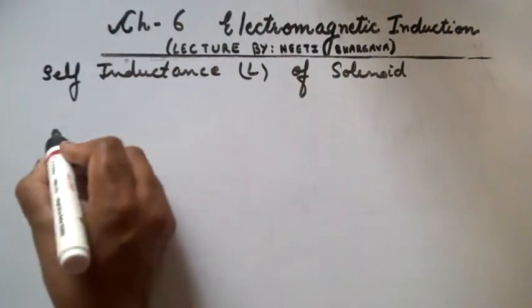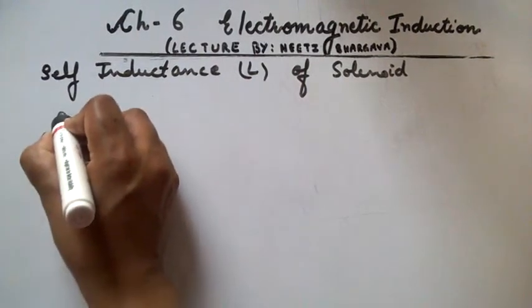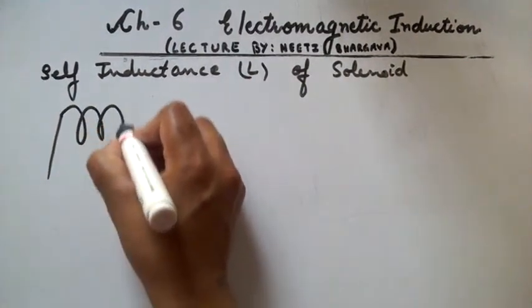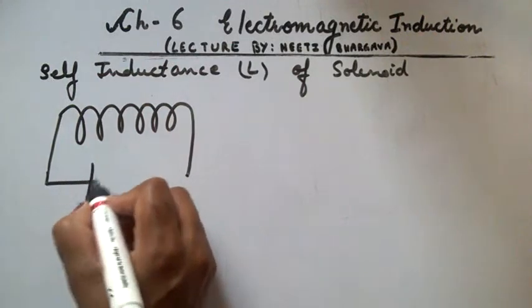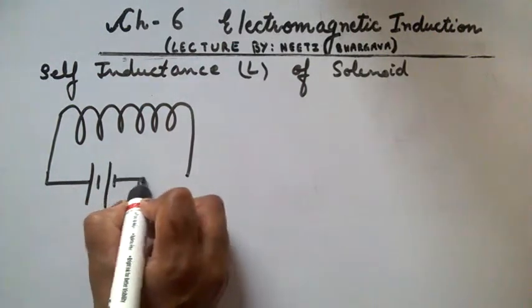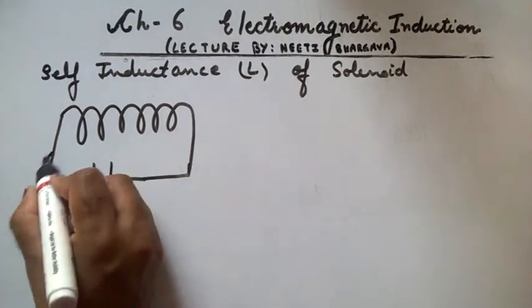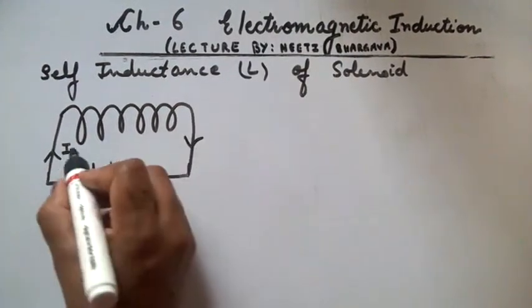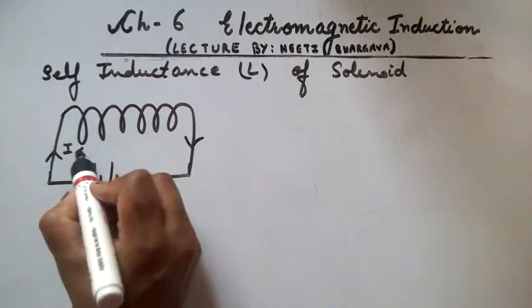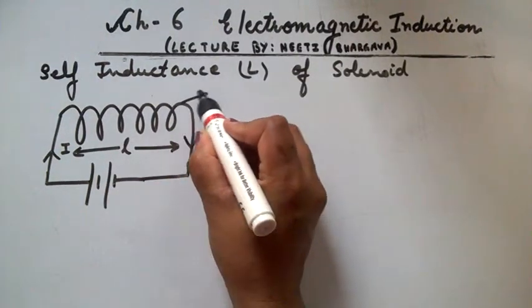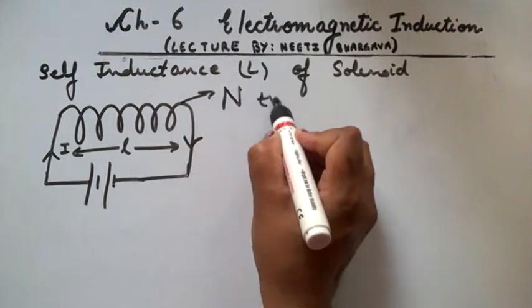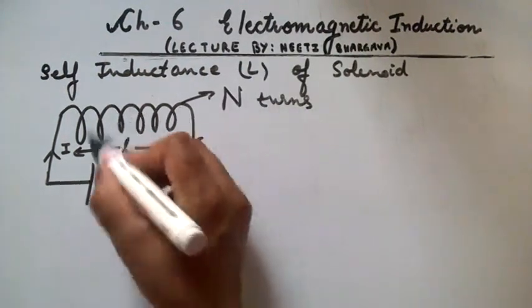Consider a long solenoid having N turns of length L connected to a battery. Thus, current I will pass through it. Its length is L, having total N turns, and its area of cross section is A.